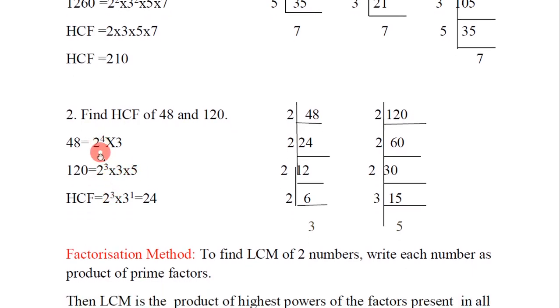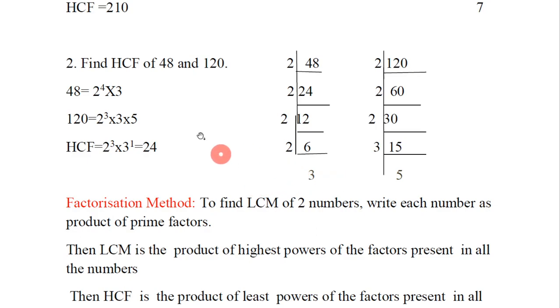So 2 power 3 is common in both numbers. 3 power 1 is common, and nothing of 5 is common. Actually this is 5 power 0, which is 1. So the only thing common is 2 cube into 3 power 1, which is 24. So the highest common factor of 48 and 120 is 24.